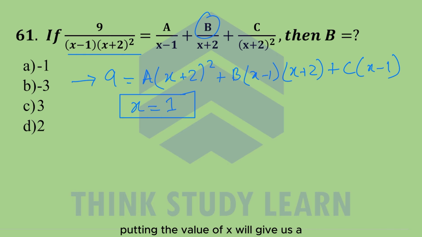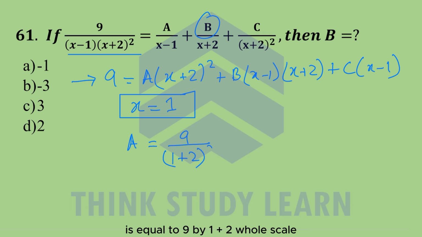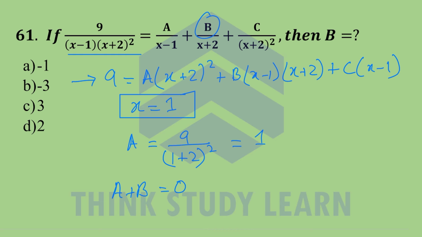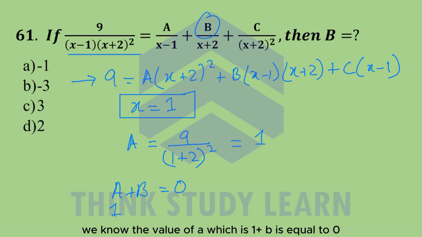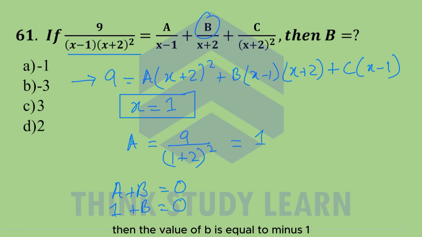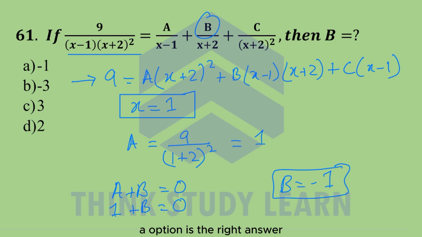Putting the value of x will give us A is equal to 9 by 1 plus 2 whole square. The value of A will be 1. So when we write the constant terms, A plus B will be equal to 0. We know the value of A, which is 1, plus B is equal to 0. Then the value of B is equal to minus 1. A option is the right answer.